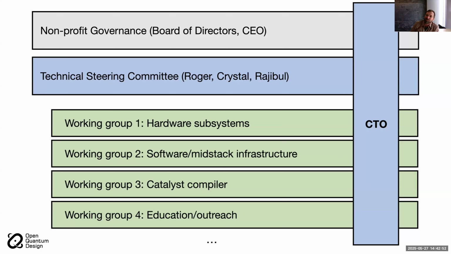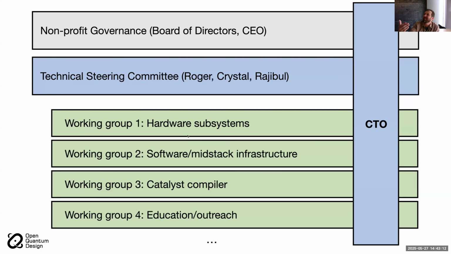Like all open source foundations, we have a technical steering committee. Right now, that's me and Crystal and Rajabal, the principal investigators from U Waterloo. And in principle, as we grow, we'll include our own staff, like a CTO and things like that. CTO is important because it connects all the horizontals, which are those working groups I alluded to.